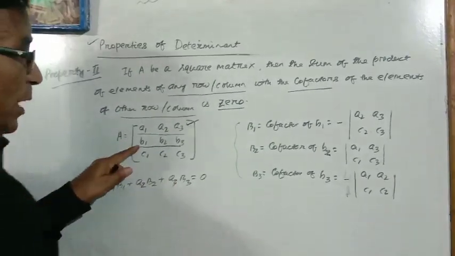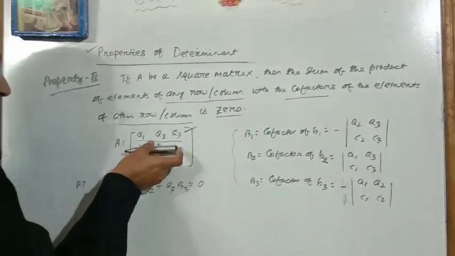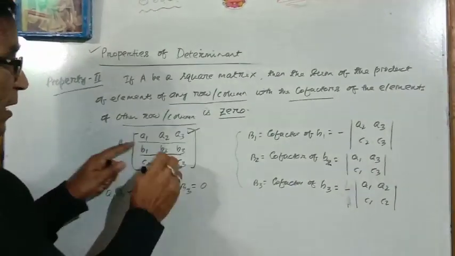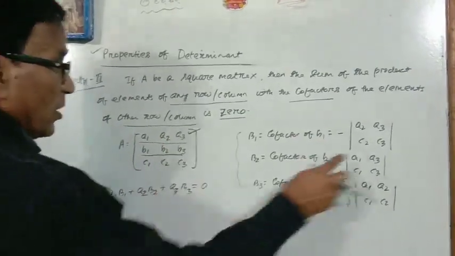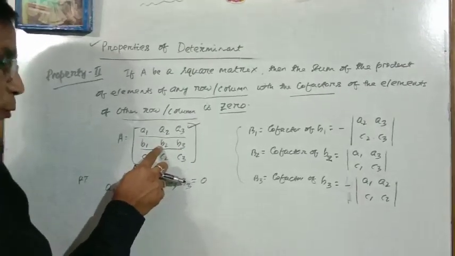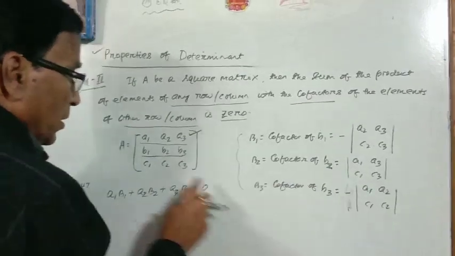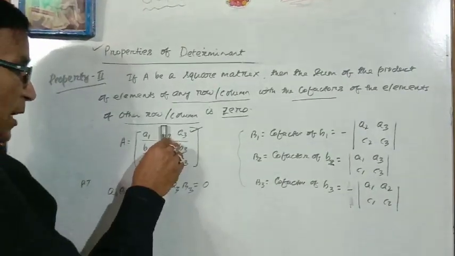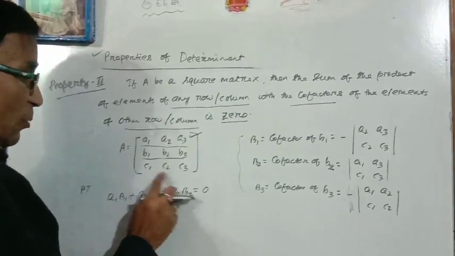For this element we have to assign minus. So it is minus the determinant of a2, a3, c2, c3. Again we will find the cofactor B2. For this element it will be plus. Omitting the second row and second column, we get a1, a3, c1, c3.